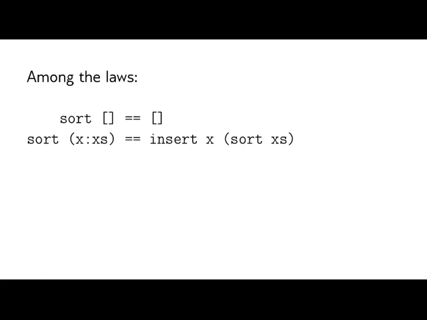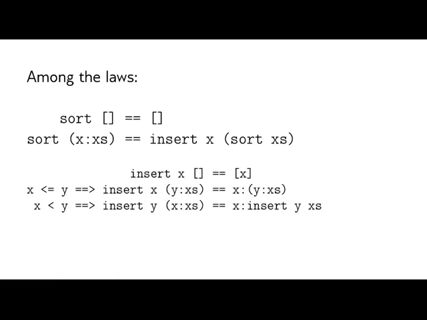Among the laws, we see two which are quite interesting. These are the base case of sort and the recursive case of insertion sort. So it was able to figure out an implementation of insertion sort. It also prints out the base case of insert and the two recursive cases of insert. So it figured out an implementation of insertion sort down to the insert function, based on the black box functions that we passed to Speculate.